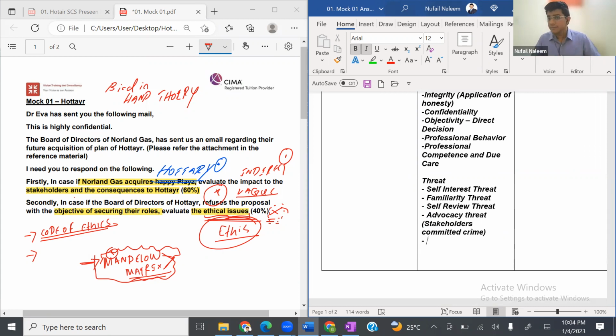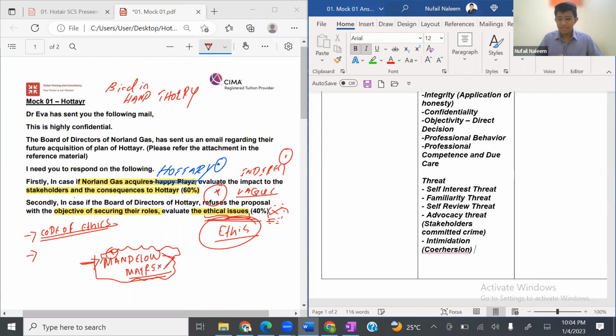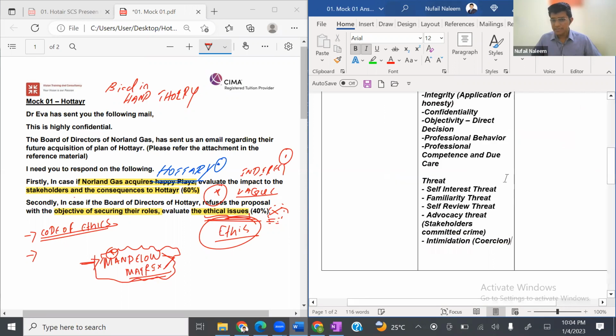The final one is the intimidation threat. That is the threat that takes place because of bullying. They will come to your place and use coercion by force, manhandling, offensively pushing their point of view.